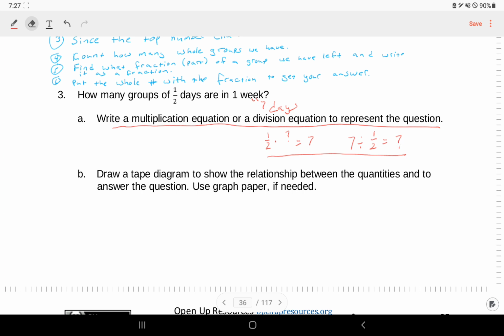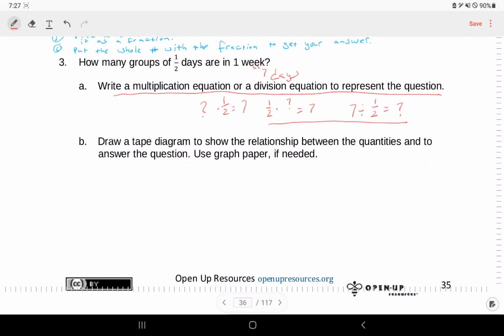Now, again, we could rewrite this one as question mark times 1/2 is 7. But it's not asking you to answer the question. You use a question mark because it's unknown. We haven't actually solved it. Then it says draw a tape diagram to show the relationship. Again, it doesn't actually ask you to solve it.